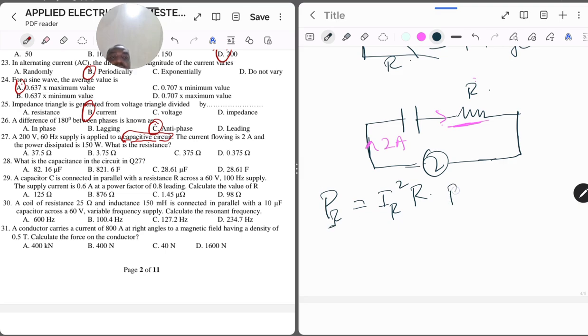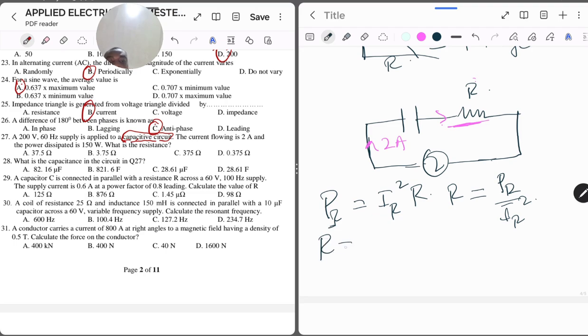So we make resistance the subject: resistance equals the power PR divided by IR squared.